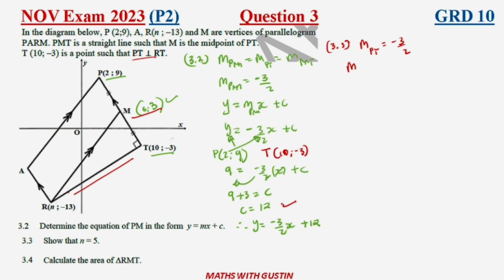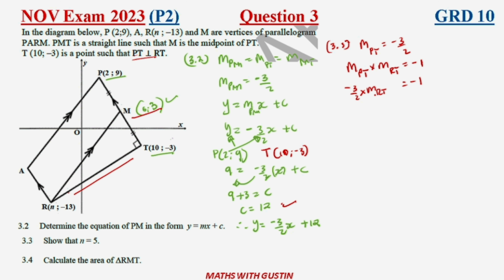I said sometime we're going to need this condition: the gradient of PT times the gradient of RT is equal to -1, because they are perpendicular to each other. So we already have this gradient, -3/2, multiplied by the gradient of RT, is equal to -1.